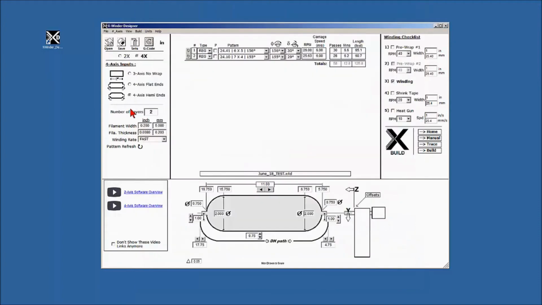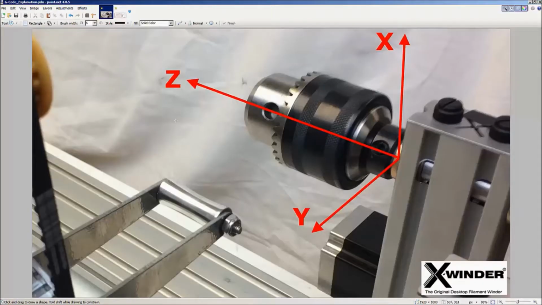And to do that, I'm going to bring up my coordinate axes system. And as you'll remember, the origin of the X-Winder is at the front face of the right mandrel post. Z is down the carriage, so moves linearly along the Z-axis with the Z of 0 at the front face of the right mandrel post.